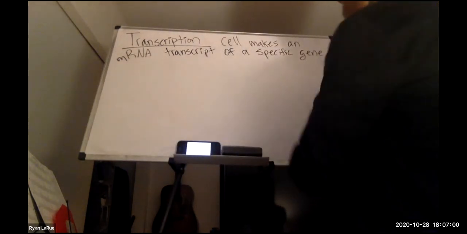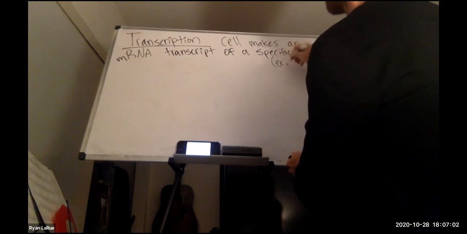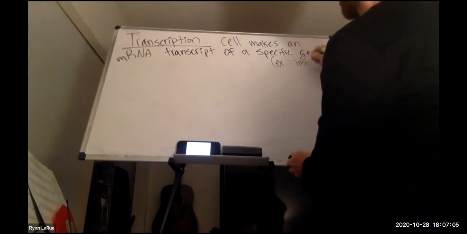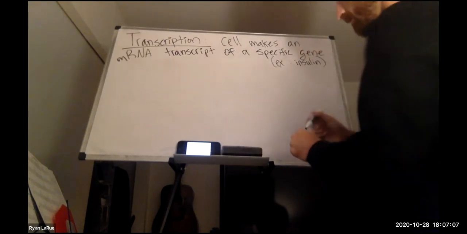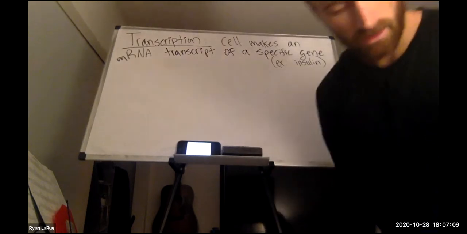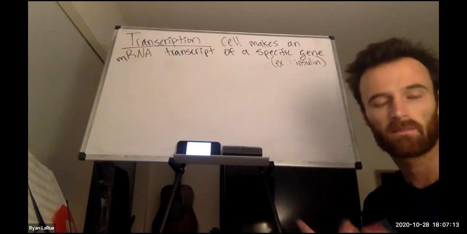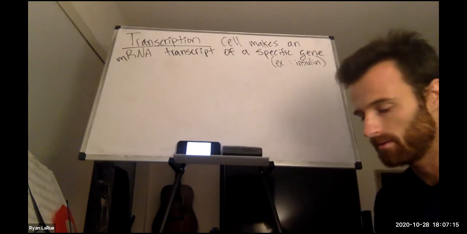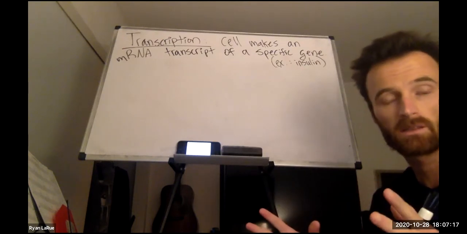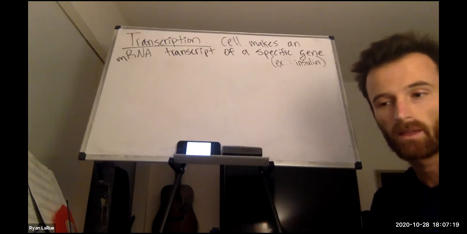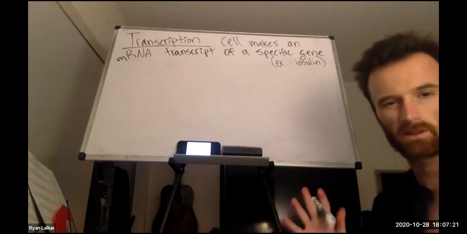Let me also, just as an example, use the insulin gene. So insulin is a protein. It's a protein hormone. Hormones are signaling molecules that are secreted from cells to have some kind of effect somewhere else in the body.